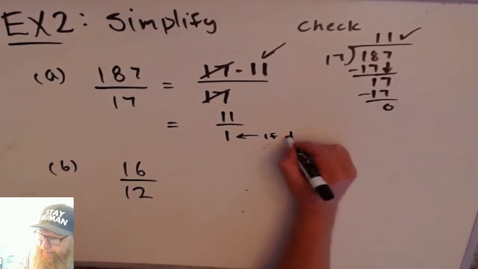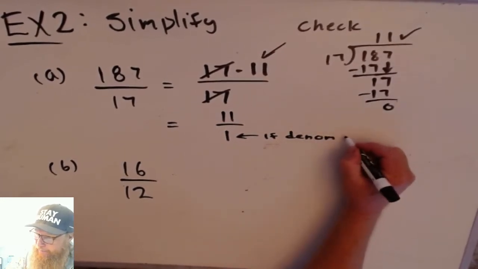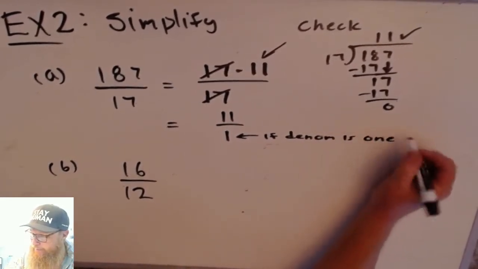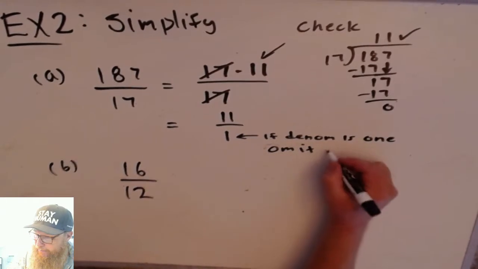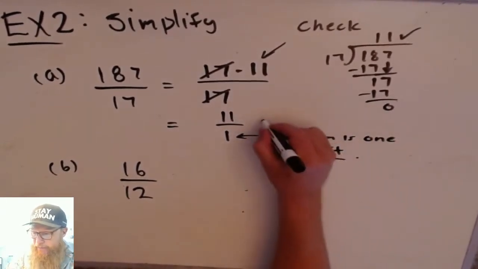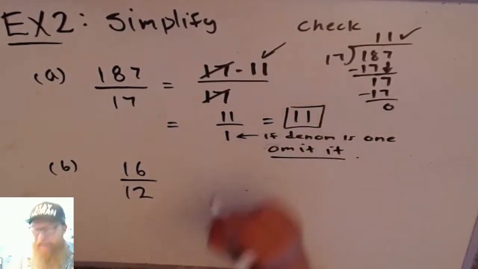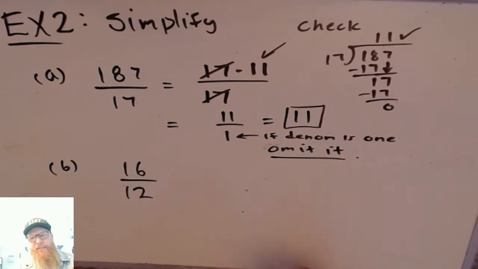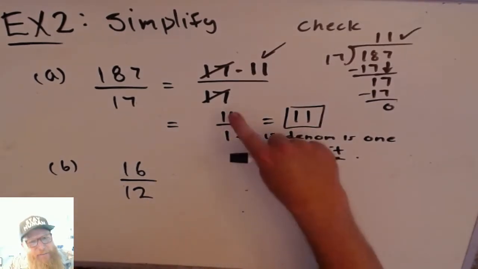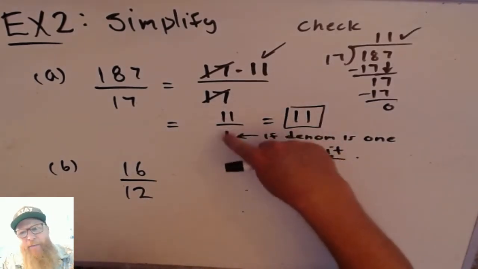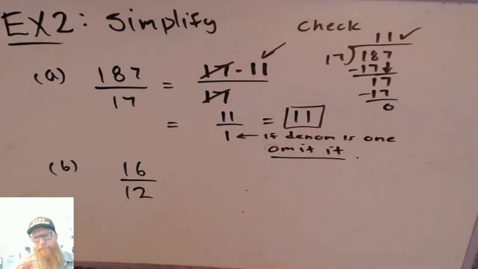If the denominator is 1, omit it. So just say 11. This literally means 11 divided by 1. 11 divided by 1 is just 11. All right.